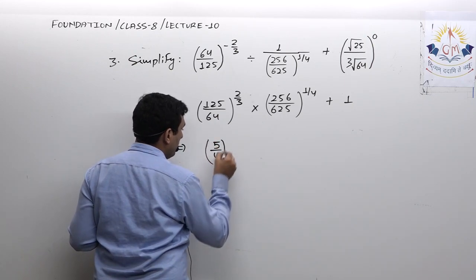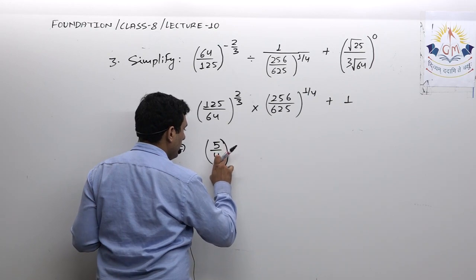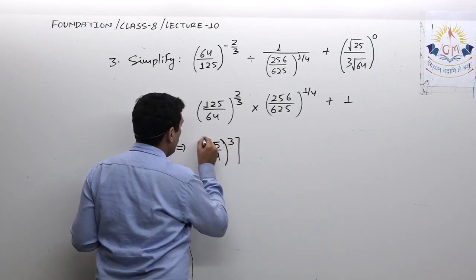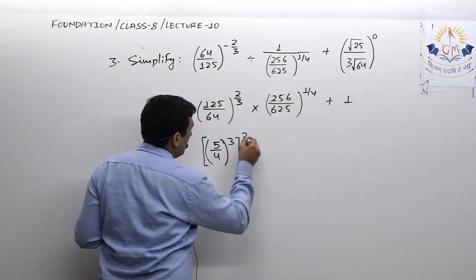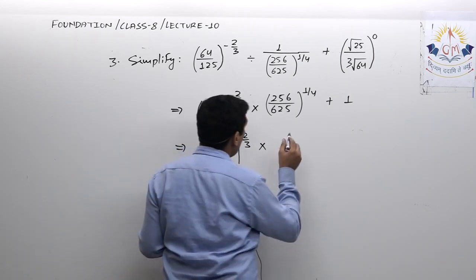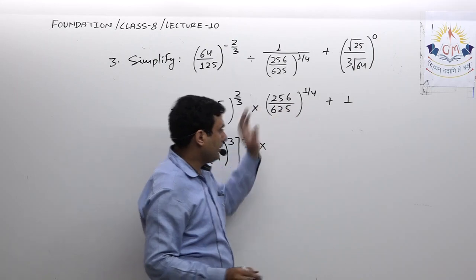So 5 upon 4 raised to 3, all raised to 2 by 3, multiplied by, here again this is raised to 4, so 256 upon 625.